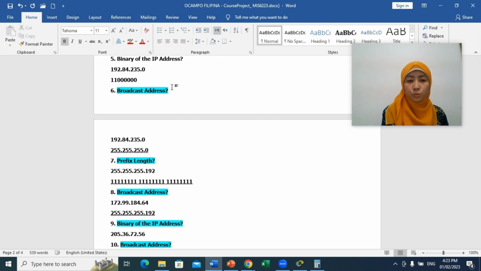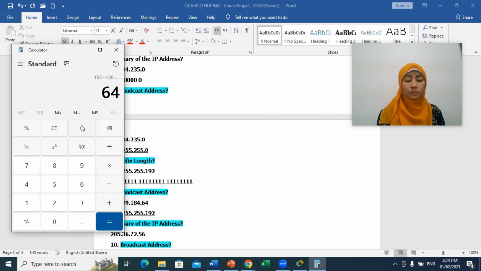In 84, it is not possible to subtract 128, so we will put 0. 84 minus 64, it can be. So 84 minus 64 is 20.